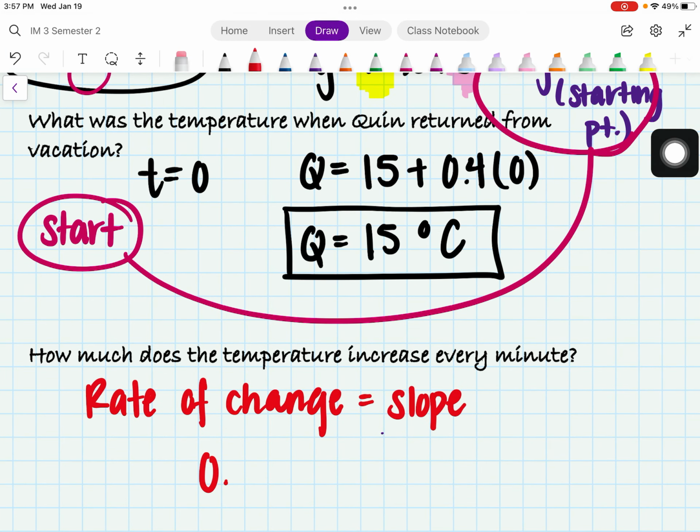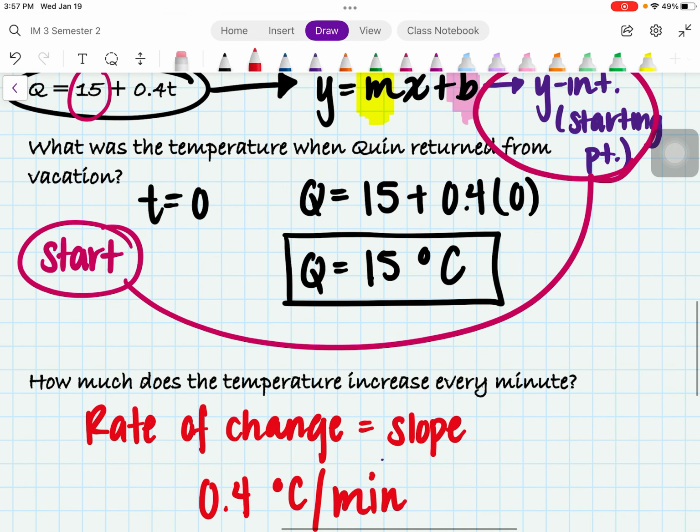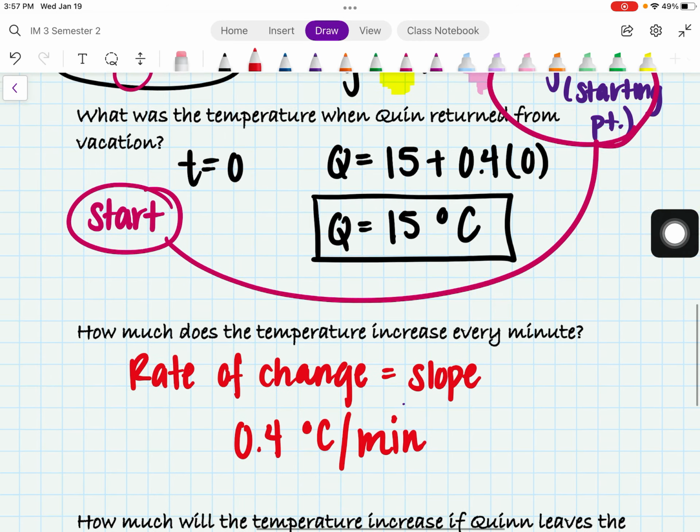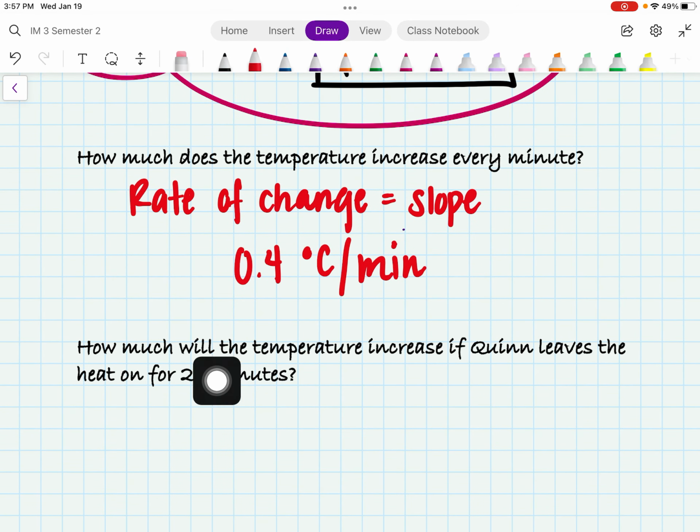So slope is going to be the 0.4. So our rate of change is going to be 0.4 Celsius per minute. That's how much it's increasing each minute that goes by. I just did that by looking at our equation. Once again, slope is the number that's next to the variable.